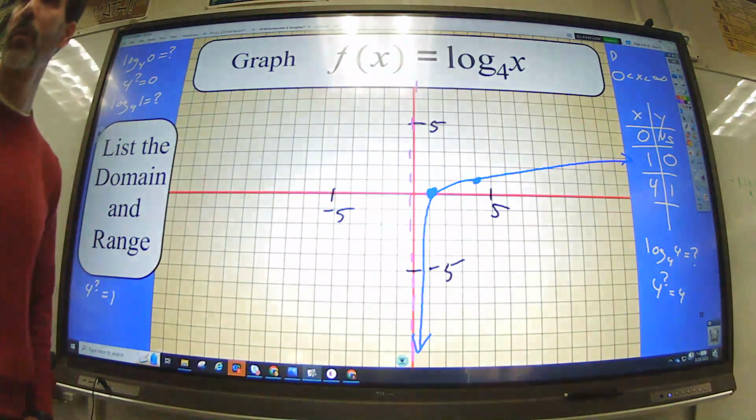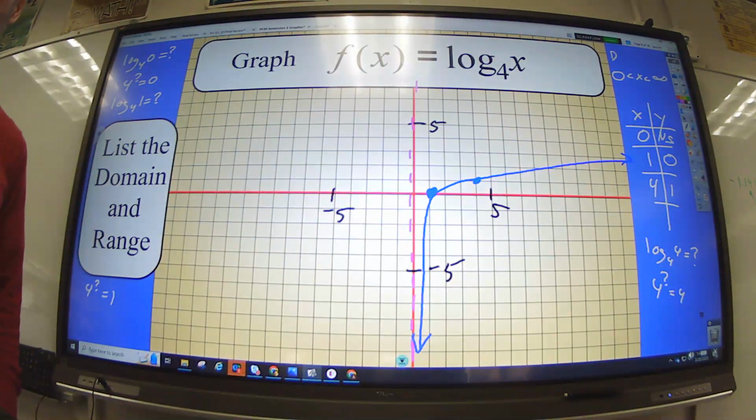What did I do? Can you see that back there? What did I not do that I normally do? I didn't put an equal to 0. X is greater than 0. It's not equal to 0, but it's greater than 0. That shows it will not equal 0.